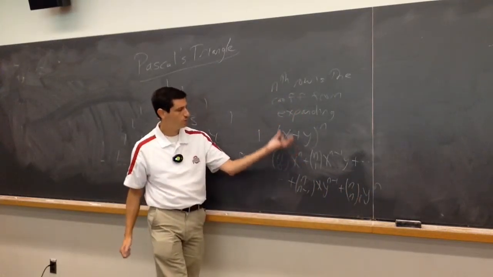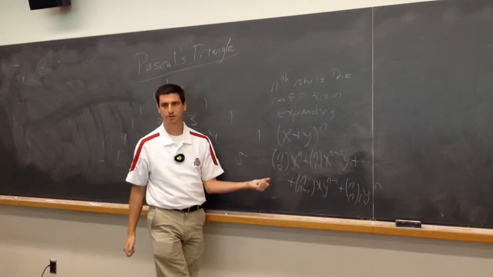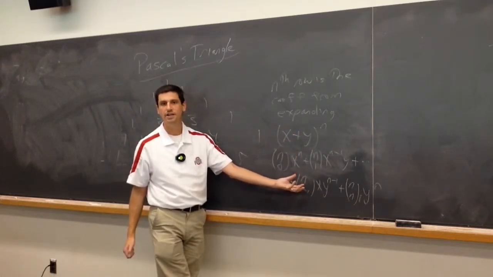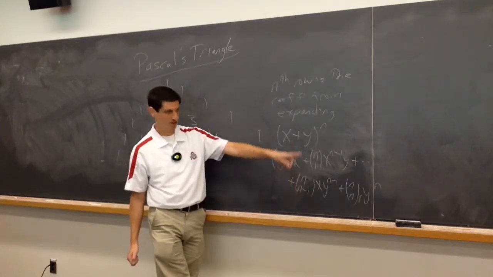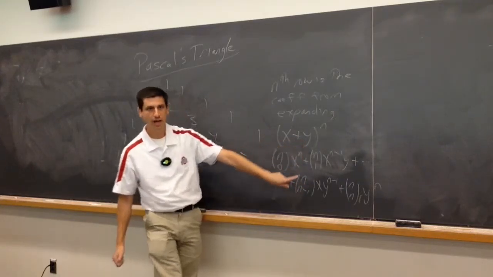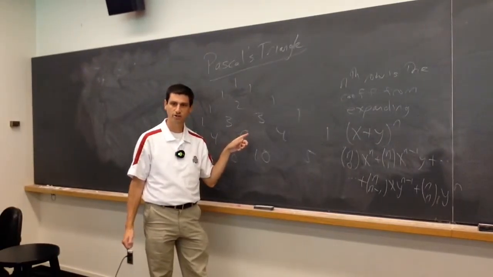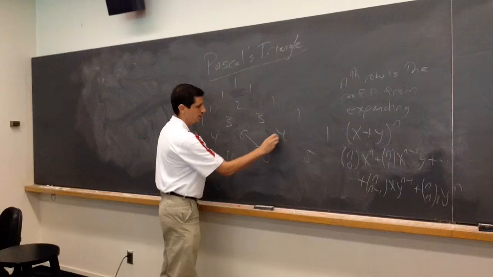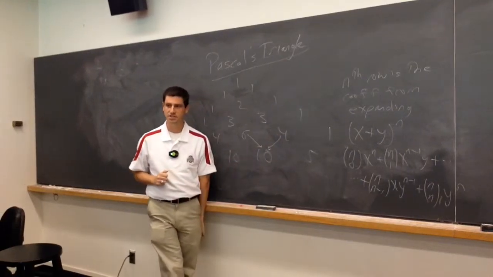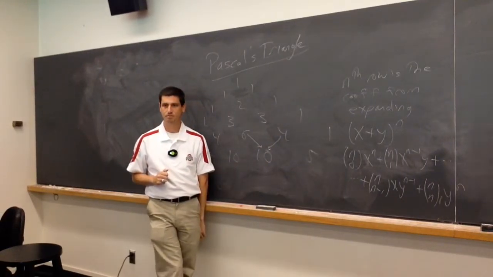So this is what you get when you expand out x plus y to the n. We'll talk in a moment as to why these binomial coefficients occur there. But these are the coefficients in Pascal's triangle, and they satisfy this beautiful relationship that each number is the sum of the ones above it.